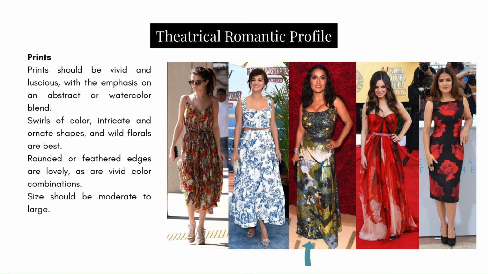I think this type can handle a lot of different printing. So hers has birds and a forest scene, but I think it works because that more intricate detail is at the bottom, and towards her bust it's a lot more subdued, and then it gets more animated as it moves lower across her body, but it still just feels lively and vibrant.